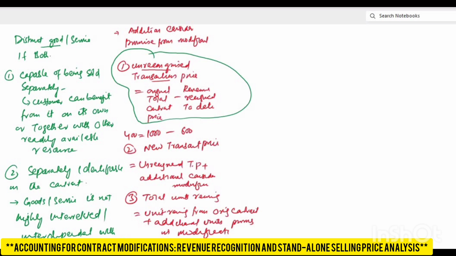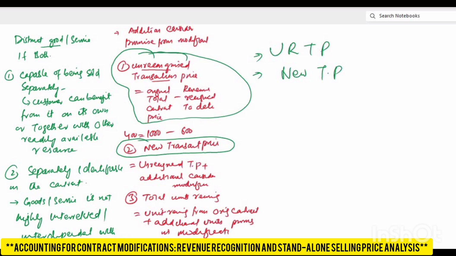Then after doing this, you will have to calculate the new transaction price. First you calculate the unrecognized transaction price, then the new transaction price. The new transaction price will be the unrecognized transaction price plus the additional consideration from modification.